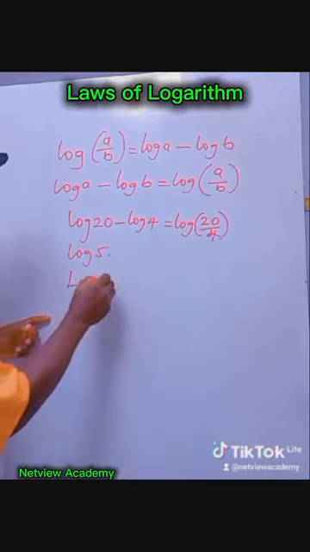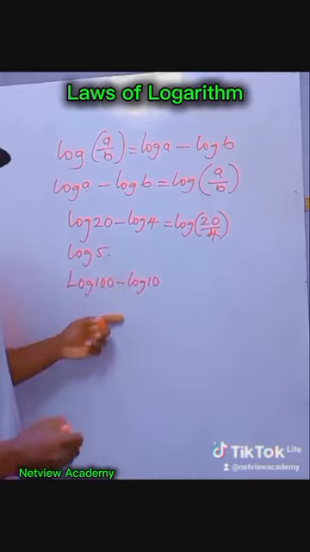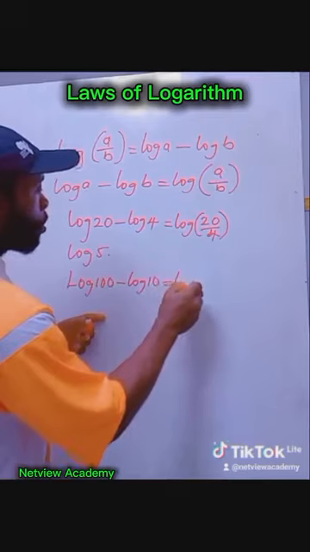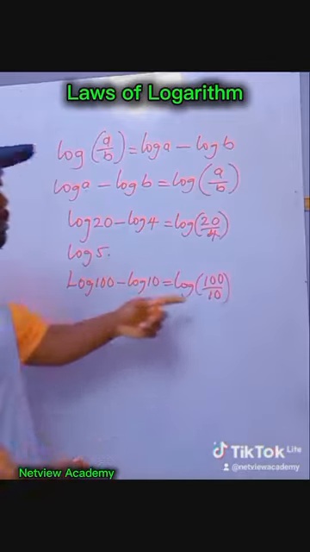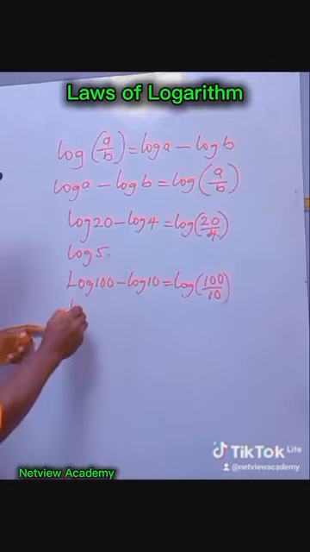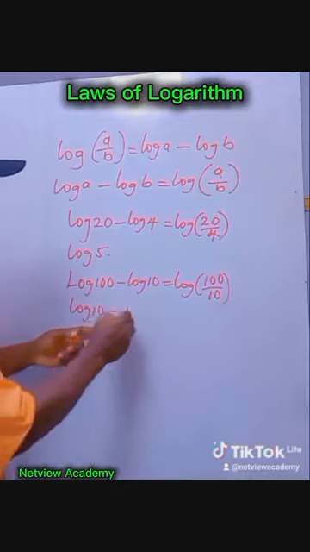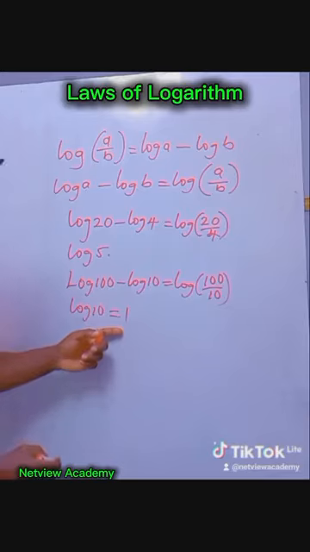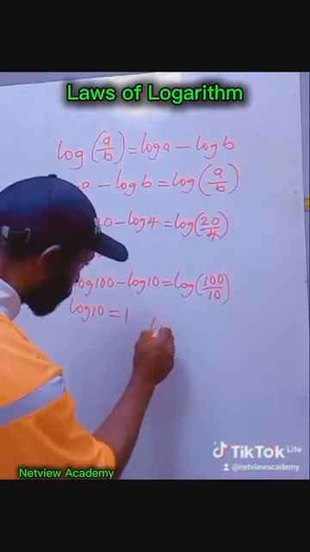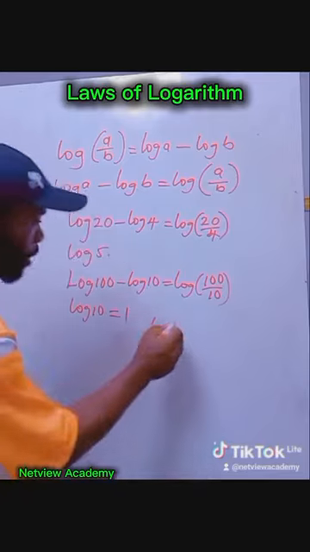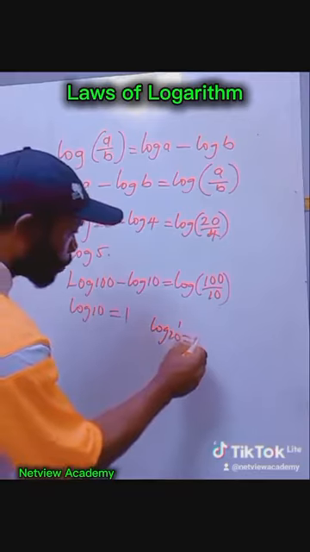Log 100 minus log 10 is equal to log 100 over 10. And the value is the same thing as log 10. And log 10 is equal to 1. Log 10 is equal to 1 because 1 is the power to which the base 10 must be raised to get the value of 10.